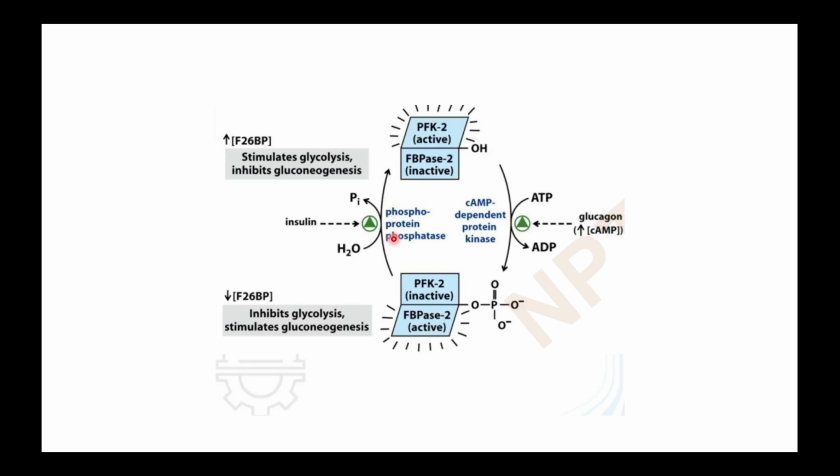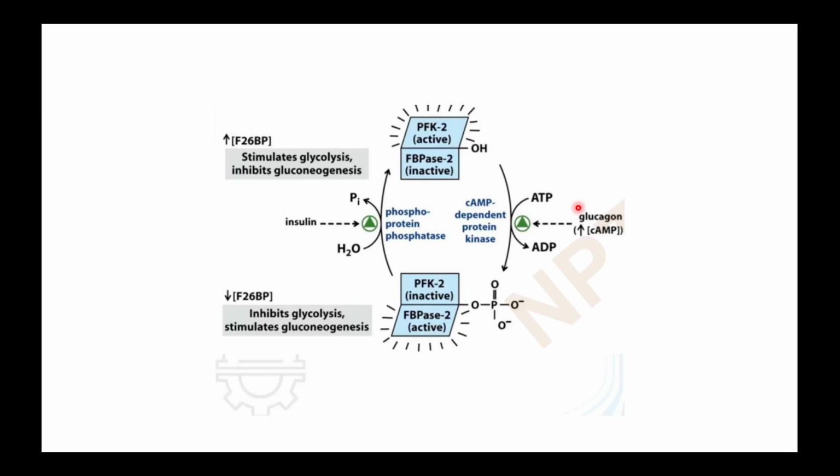So presence of glucagon, as we had discussed in the previous question, stimulates gluconeogenesis. How? Because when glucagon is present, it triggers the cAMP pathway, which triggers a protein kinase that can phosphorylate the bifunctional PFK2 FBPase2 enzyme.